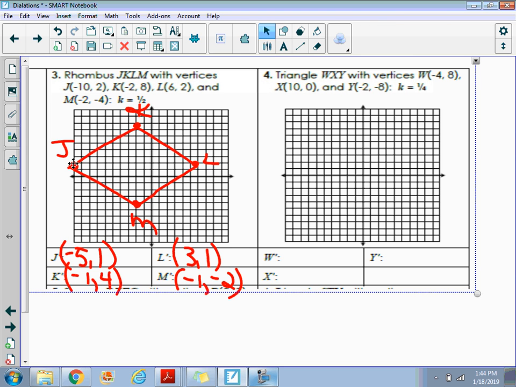Let's correct that. J prime, K prime, L prime, M prime. So it's a little one.